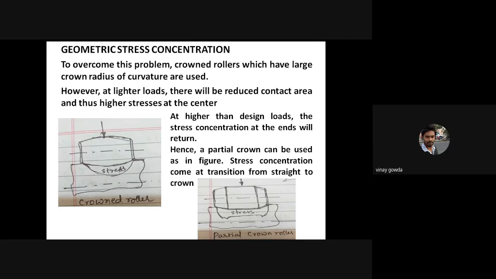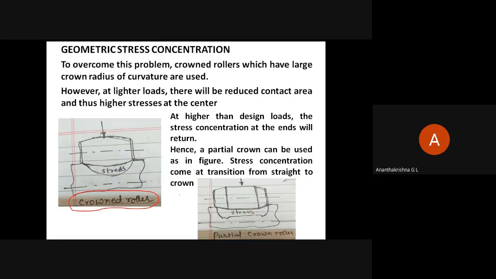To overcome the problem of pitting in line contact, they modified the roller to what shape to reduce stress concentration? Crown shape, sir. Yeah. Crown shape. Okay, crown roller.